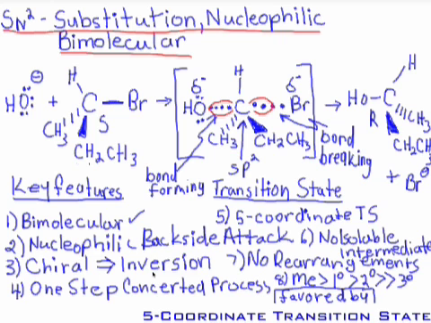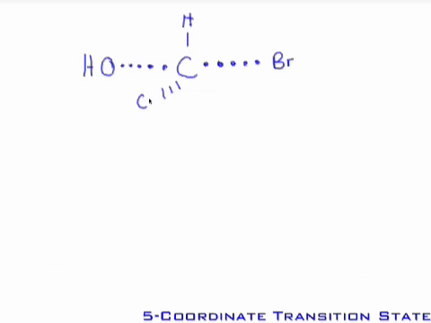Point 5 will take a separate discussion: the 5-coordinate transition state. Let's draw it again. Br is leaving. Our H is up. Trigonal planar, CH3.